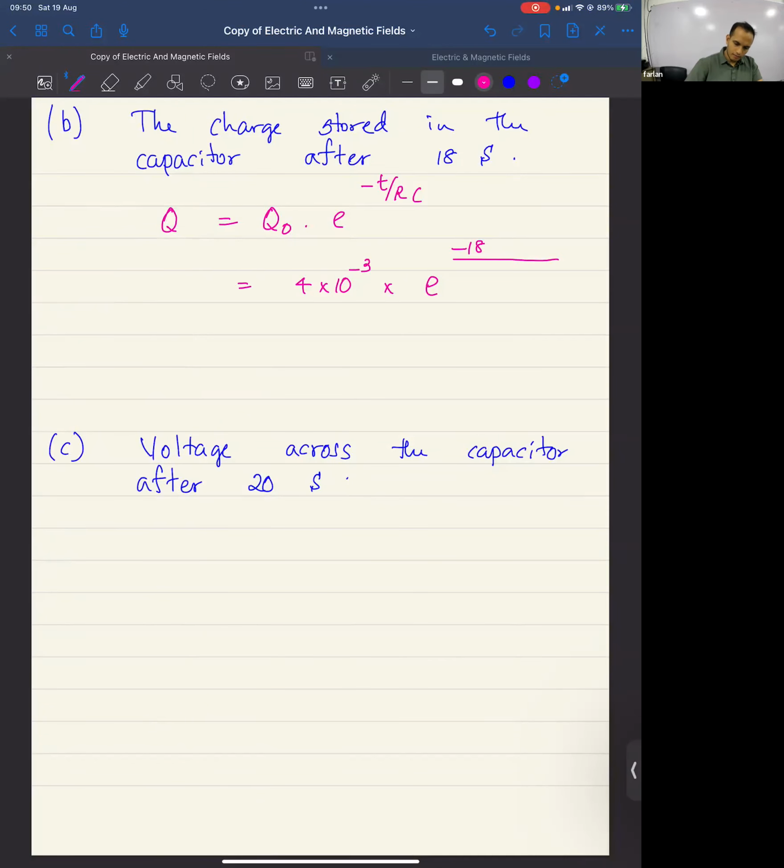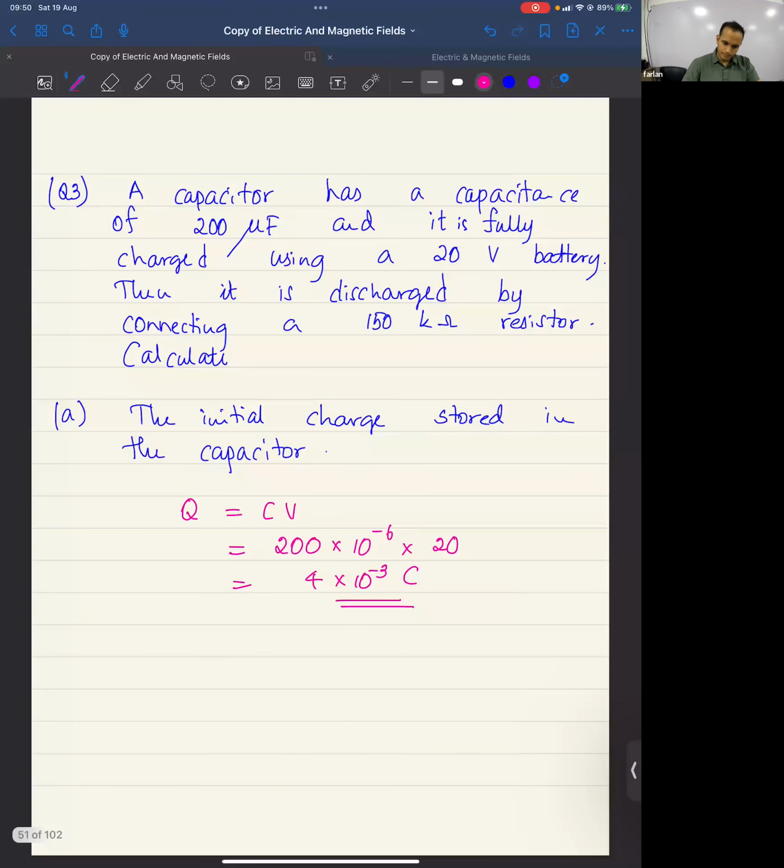That is 150 into 10 to the power 3, 200 into 10 to the power minus 6.